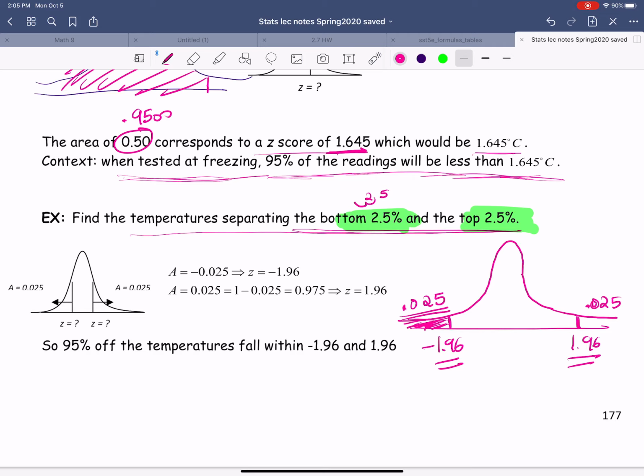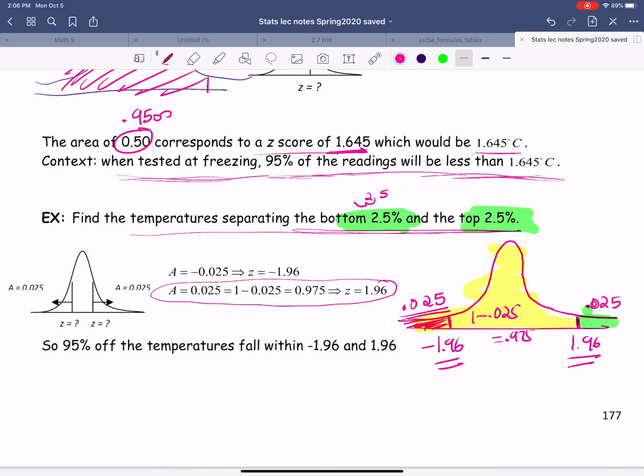If you want to go the longer route, you can also do this. If we are looking for the one that has 0.025 area to the right, it would have 1 minus 0.025 to the left. So what's 1 minus 0.025? It turns out to be 0.975.